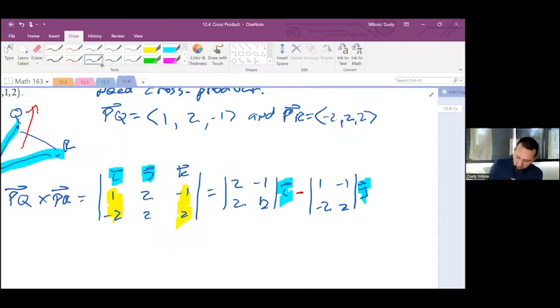And then for k, we multiply by the determinant of 1, 2, -2, 2 times k.